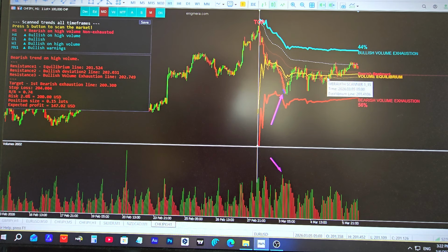The next interesting place where we can open our orders is this white dot line. This white dot line represents one deviation of the bearish sentiment line. The bearish sentiment line itself is the VWAP line. I think you are well familiar with what VWAP is and how you can use it.